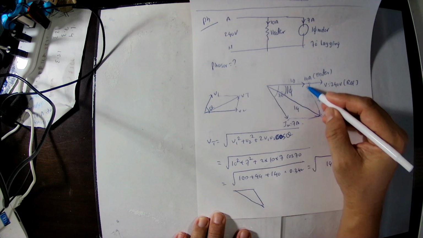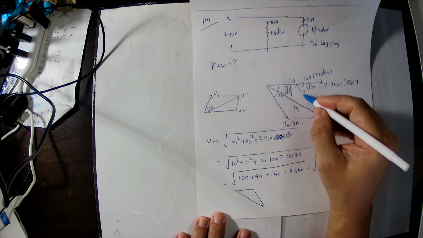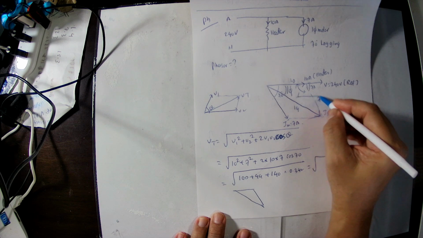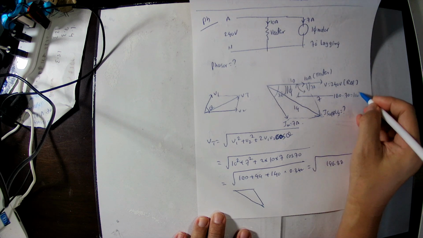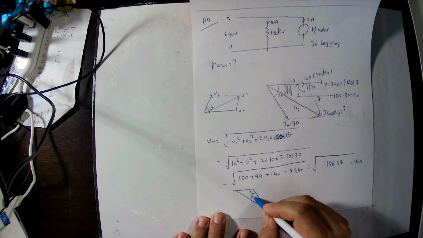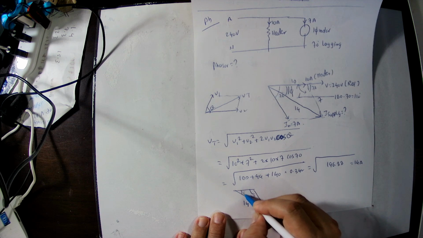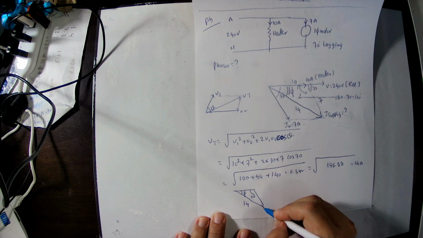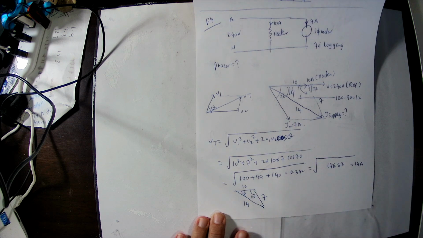So this angle can be calculated. This angle is 180 minus 70, so you get 110 degree. So this one is 110, this value is 14. This is phi. This magnitude is 7. This one is 10. So we write down this equation using the sine formula.